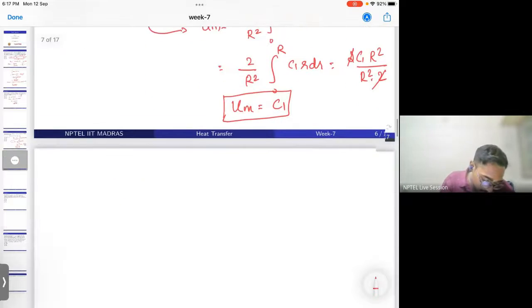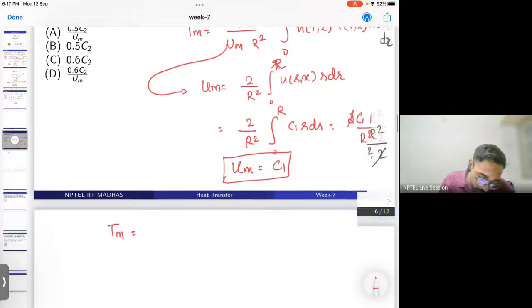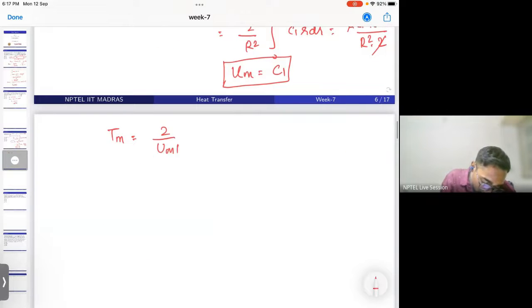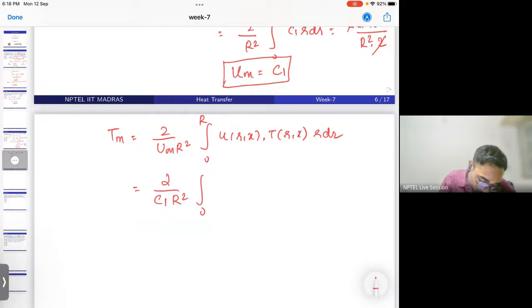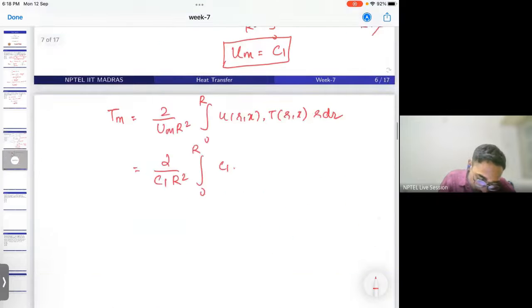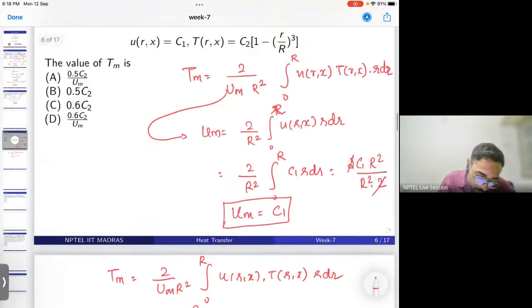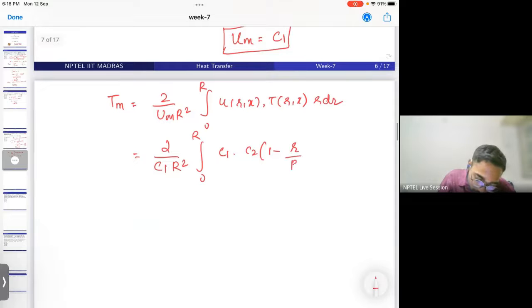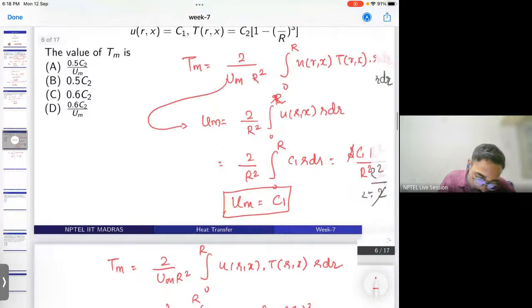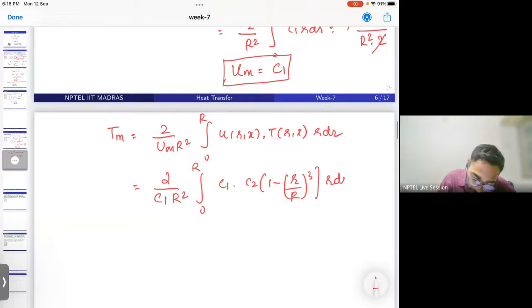Just substitute these values: Tm is equal to 2 by R square integral 0 to R of u times T times r dr. So 2 by Cm R square integral 0 to R of C1 into C2 times 1 minus (r by R) the whole cube, times r dr. Okay.